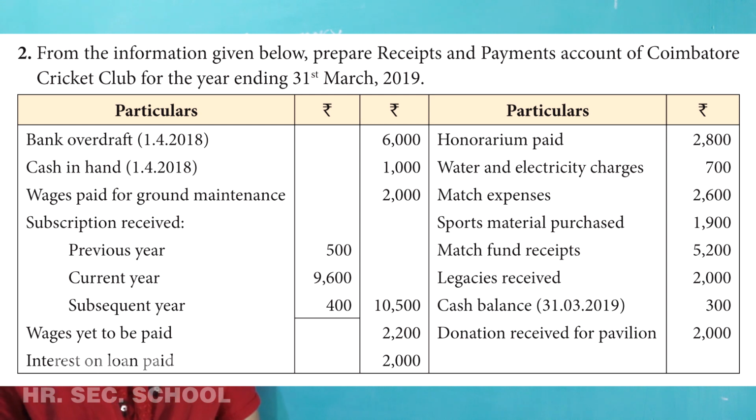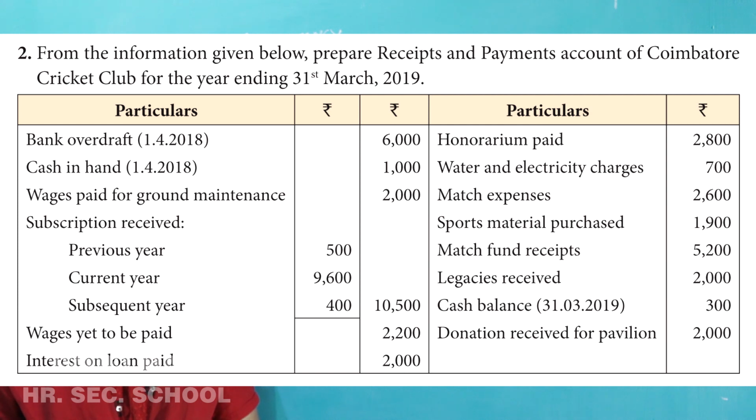Cash in hand 1/4/2018, 1,000. Wages paid for ground maintenance 2,000. Subscription received: previous year 500, current year 9,600, subsequent year 400, total 10,500. Wages yet to be paid 2,200. Interest on loan paid 2,000. Honorarium paid 2,800.